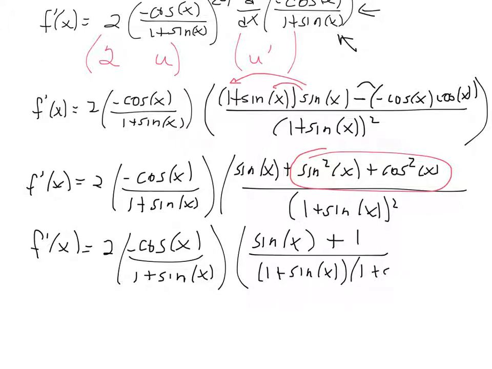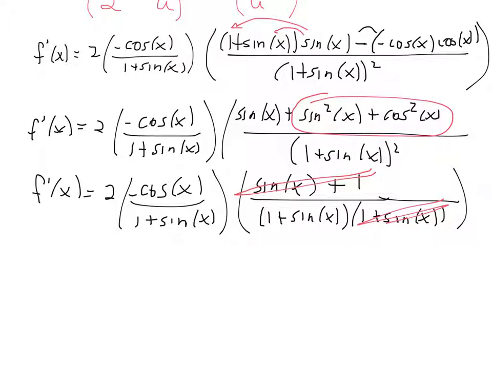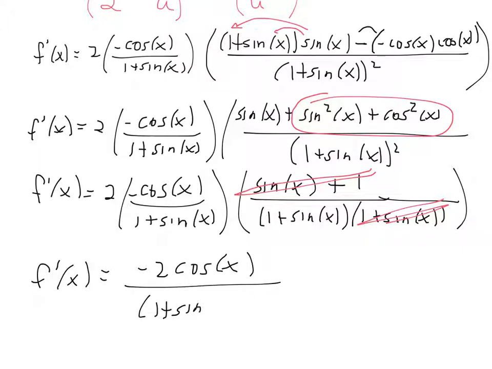And so since that's squared, I can separate that into 2 pieces. And now I can cancel one of those, and then that's pretty much your answer. You could write it a little better, meaning minus 2 cosine x over 1 plus sine x, and it's squared because I have 2 of them left.